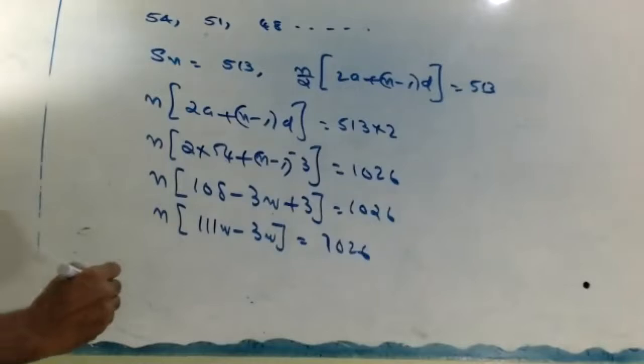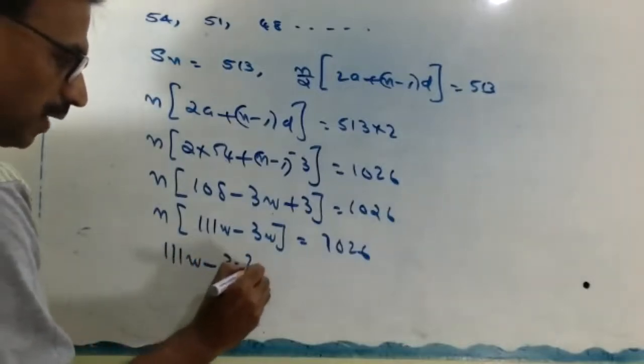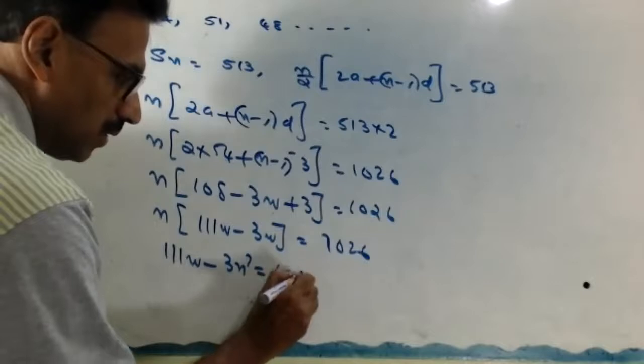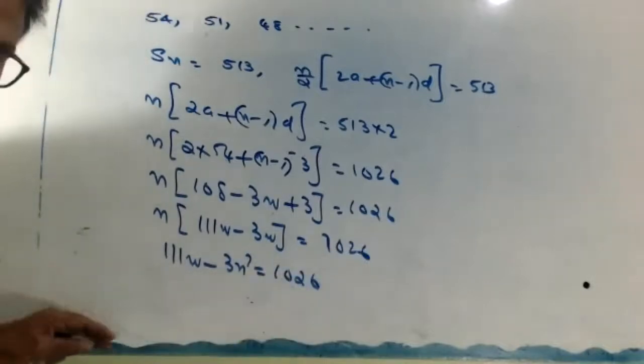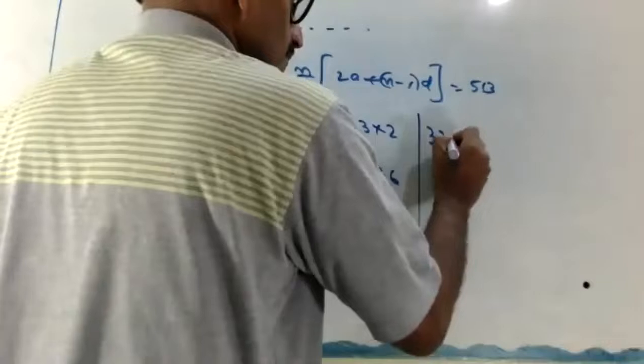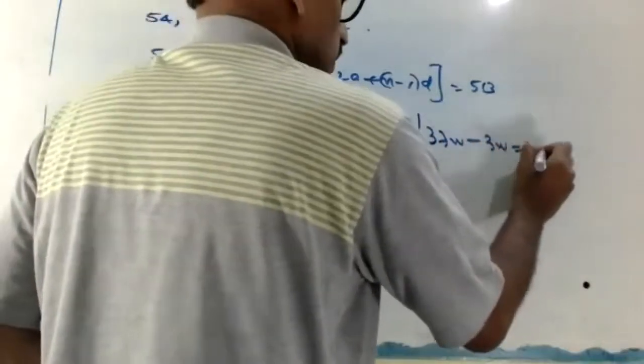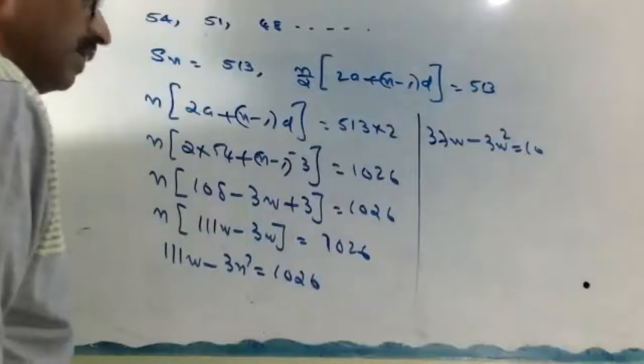Bring it out: 111n minus 3n square equal to 1026. We can cut by 3: 37n minus n square equals 342.